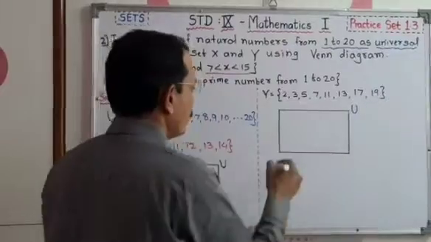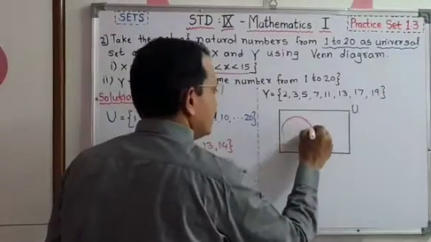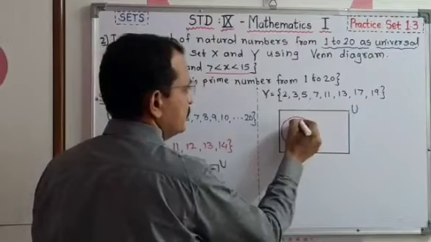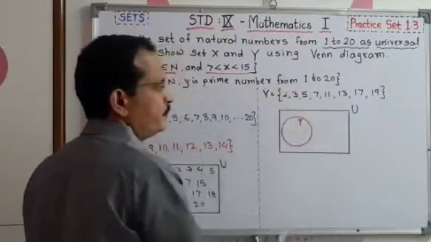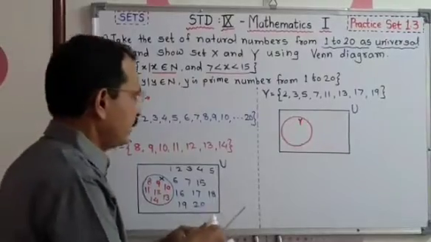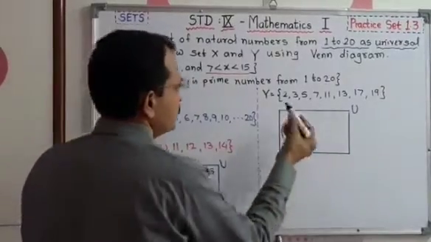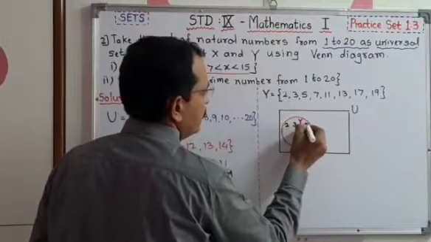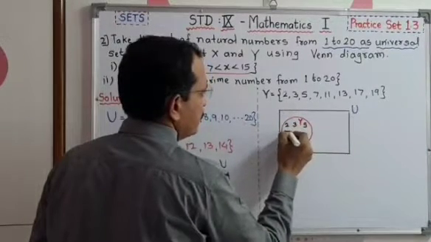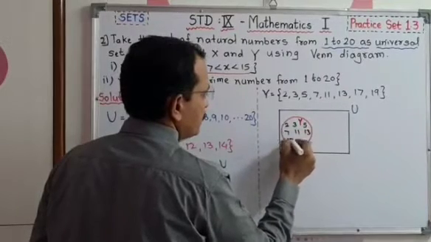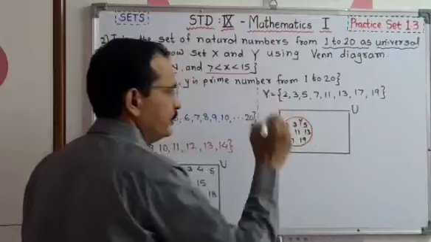Suppose we draw a circle here. In that circle, this is Y, we have to write the elements of the set. In that, the first element is 2, then 3, then 5, 7, 11, 13, 17, 19.